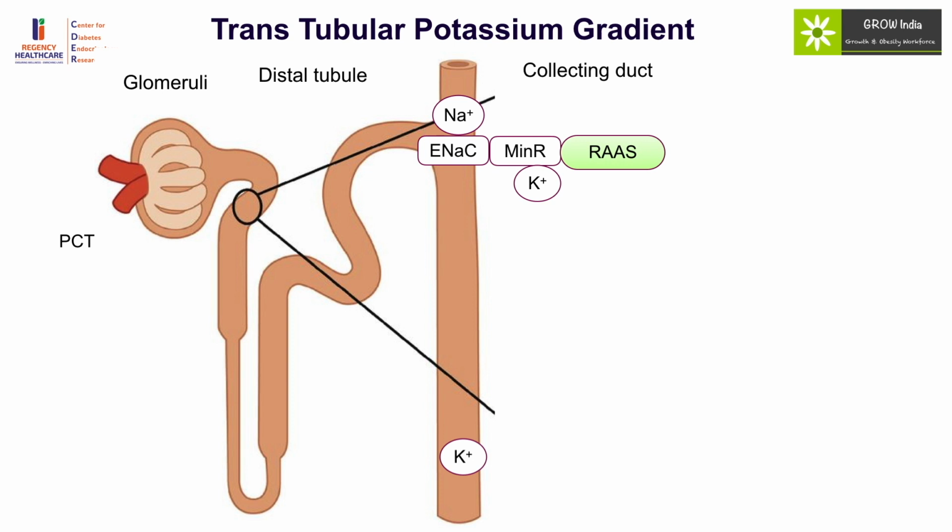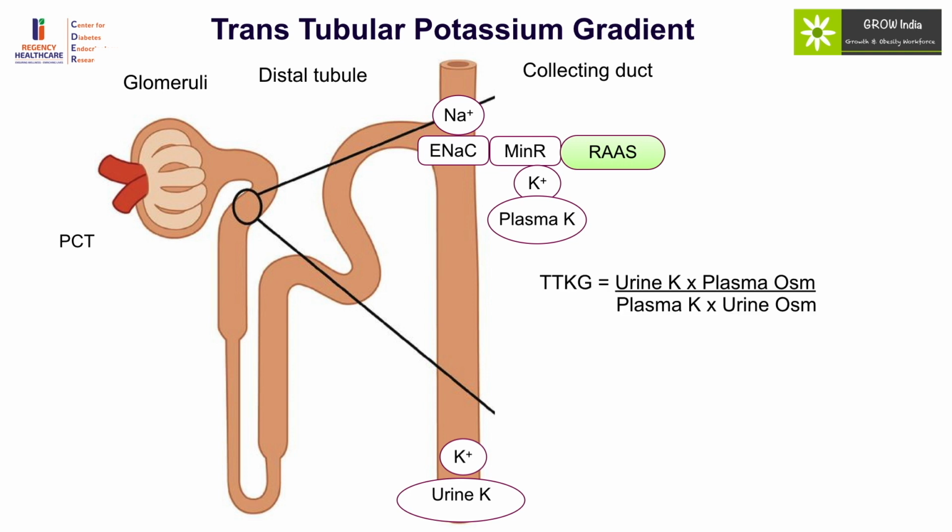So if the RAAS is more active, one would expect the urinary potassium to be more, while if RAAS is defective, the urinary potassium will be less. The transtubular potassium gradient is a ratio of urinary potassium and plasma potassium, and it is corrected using osmolality measures for both to ensure that there is adequacy as far as the urinary collection is concerned.